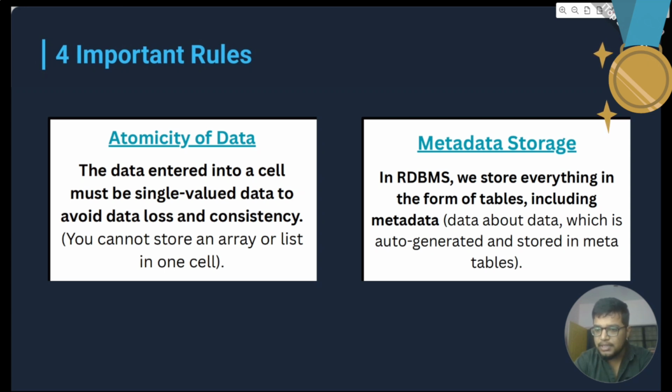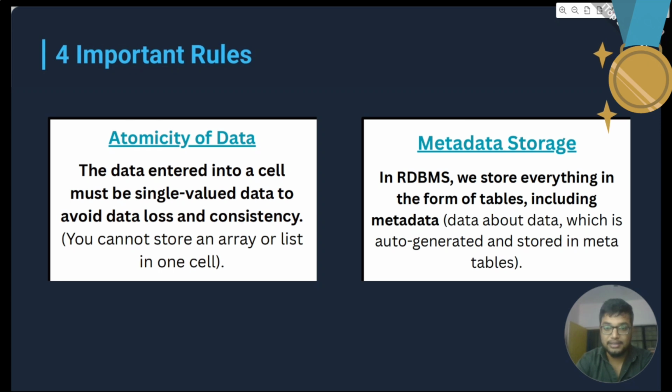After 6 months, if Alan wants to change this number and I try to replace it, it is going to replace both numbers instead of one. In that case, we lose one mobile number. This is atomicity of data. In a cell, we must insert only a single data.